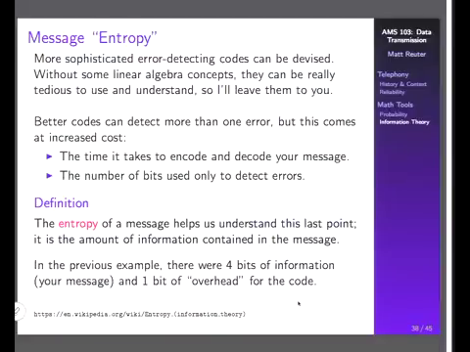Do we really want a lot of overhead bits? Not necessarily, because that's more information we have to send and receive through the channel, which increases the chance of an error. But maybe sometimes it's worth that cost because we can do more with that overhead information. So one of the key things of today's lecture is there's always this trade-off. We can always make better codes, but they come with increased costs.